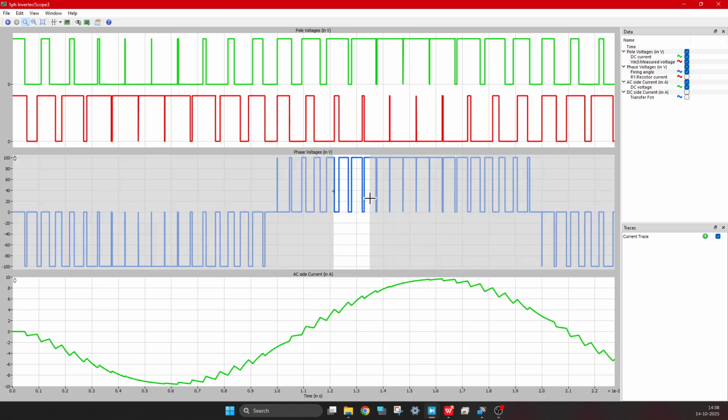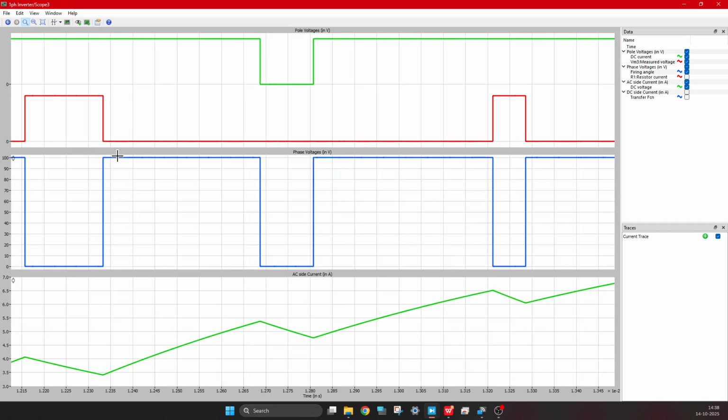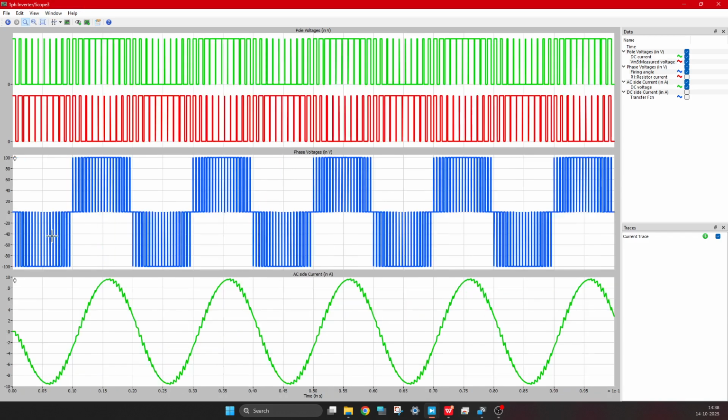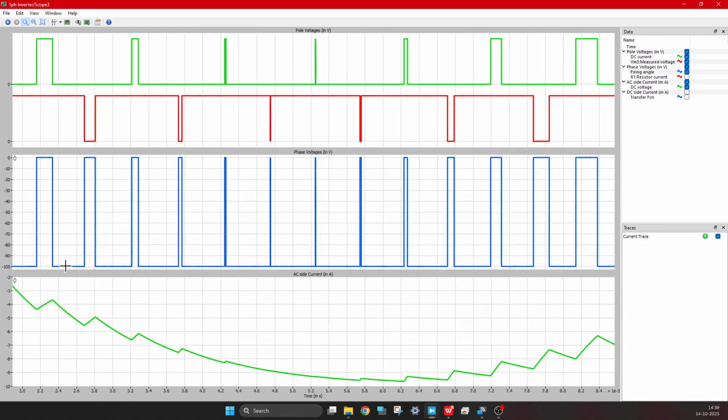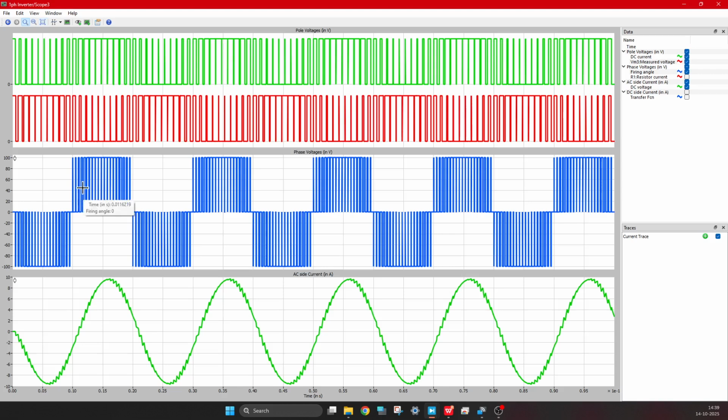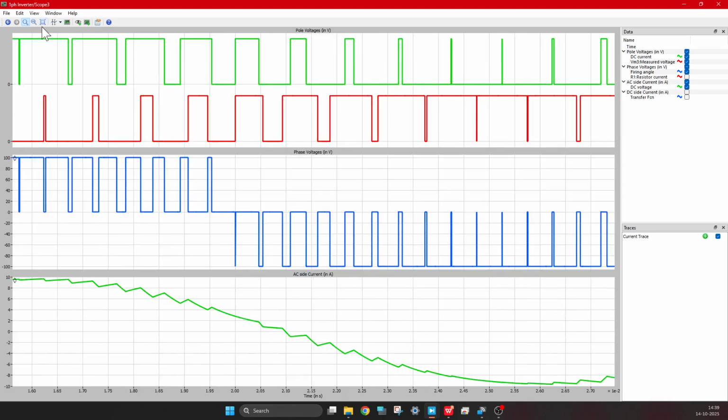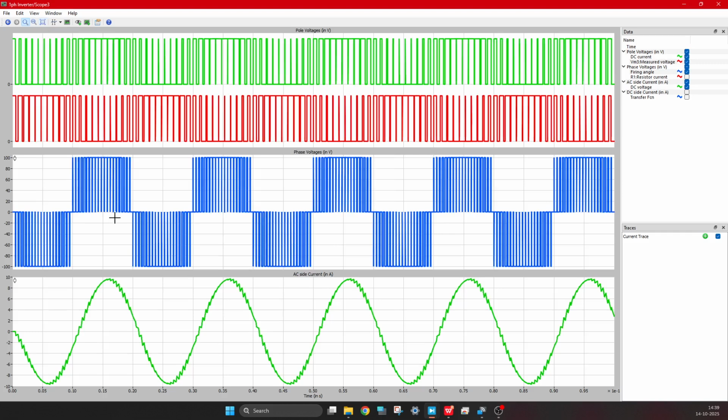At any given period it goes to only one pole: either from 0 to 100, or from 0 to -100. That's why it is called unipolar PWM, because it goes from 0 to only one polarity. So either it will be 100 or -100. This is how unipolar PWM works.